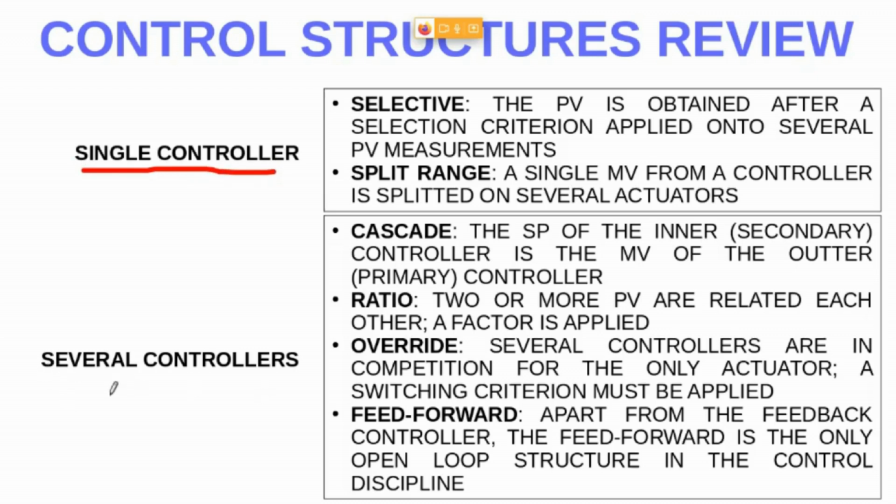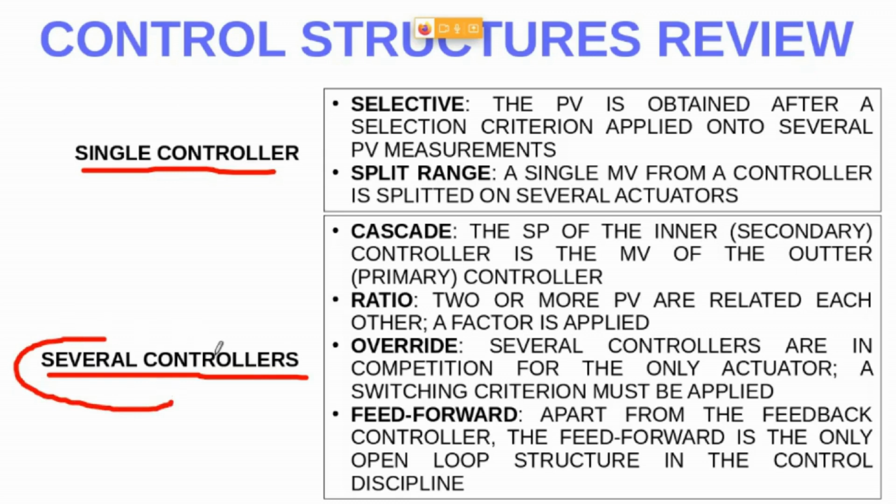that use several controllers. Well, when we say single controller or several controllers, it doesn't mean that we're going to use a single device here and several devices there, because a single physical device can gather several controllers.